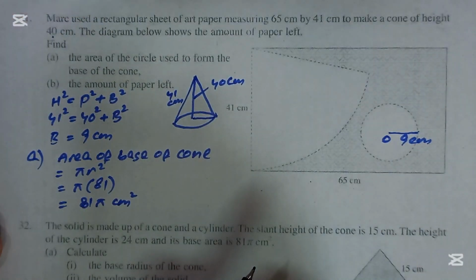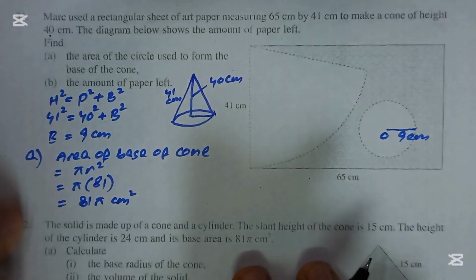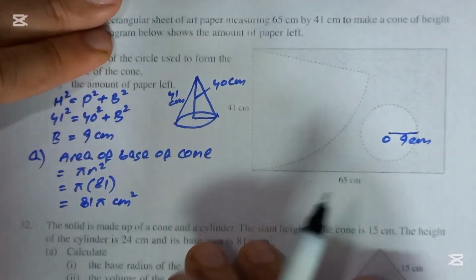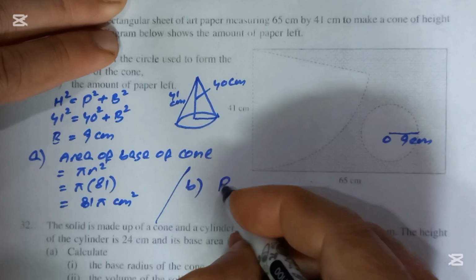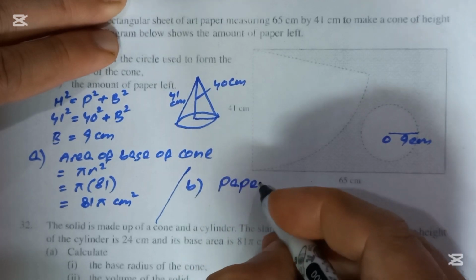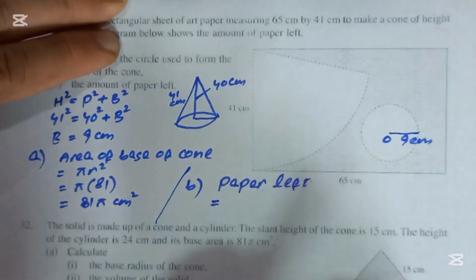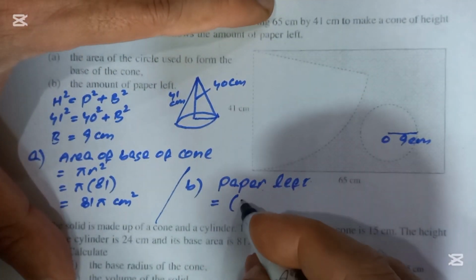Okay, beta, in B part, we are required to find the amount of the paper left. So the paper left will be the total paper, which is 41 into 65.